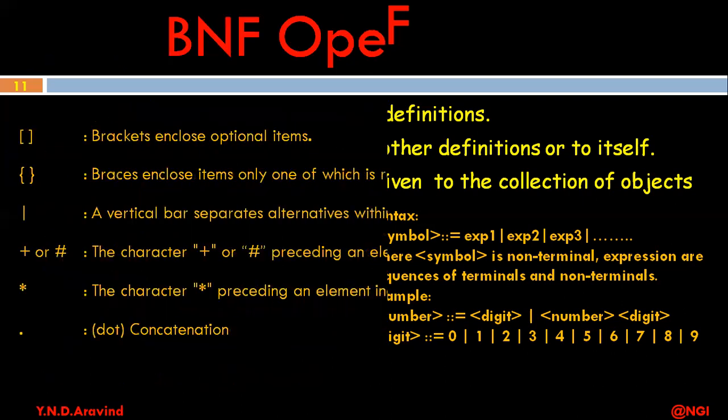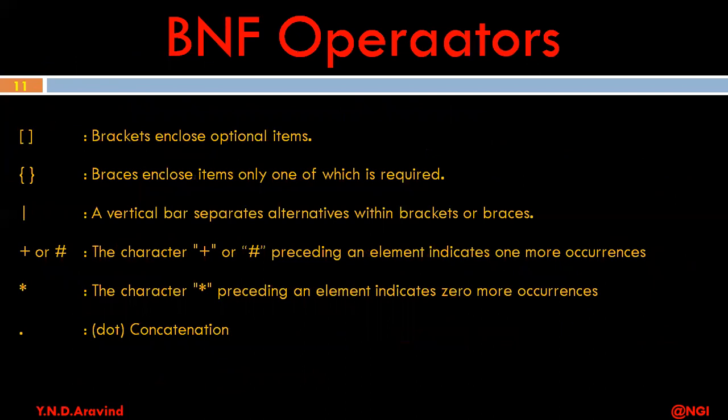Okay, now let us see the BNF operations. The operations we are using are the same as those we used in our path expressions and regular expressions: concatenation, and we are going to use a plus symbol.